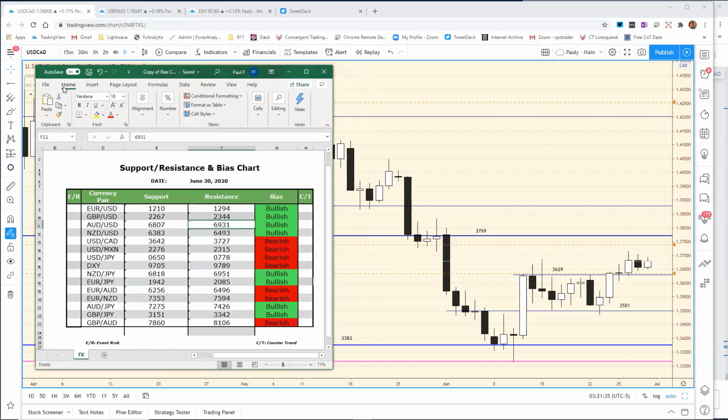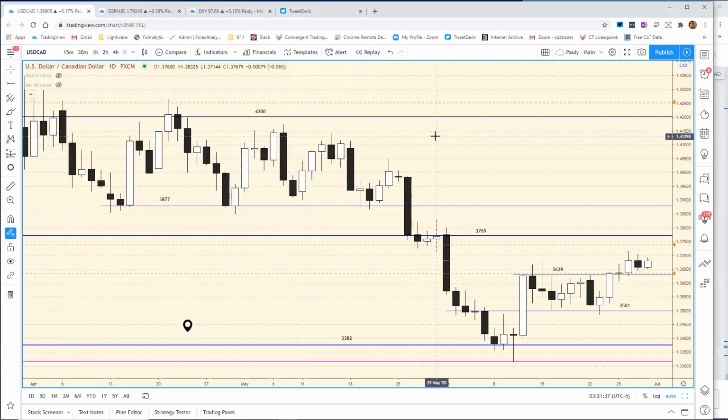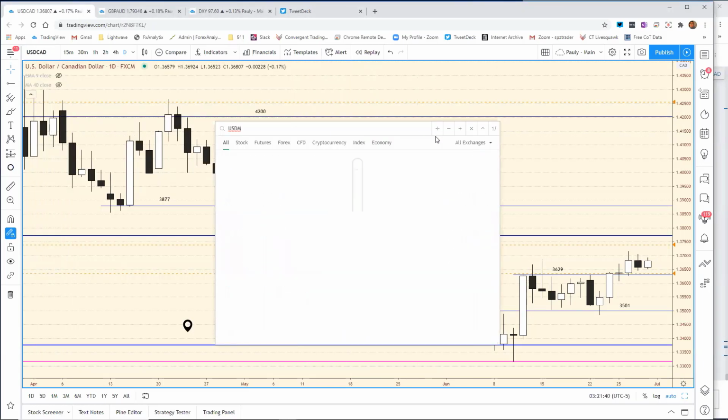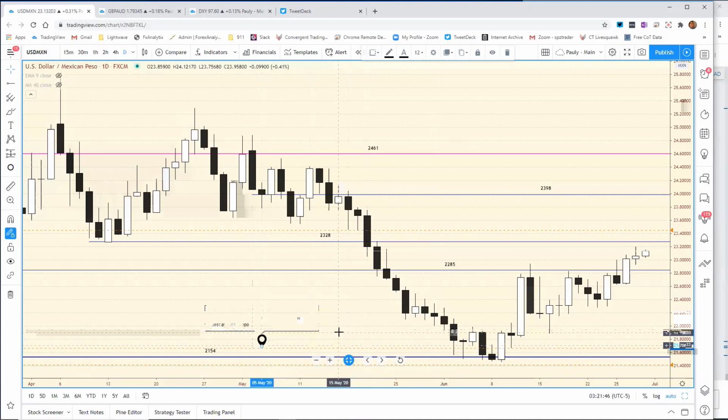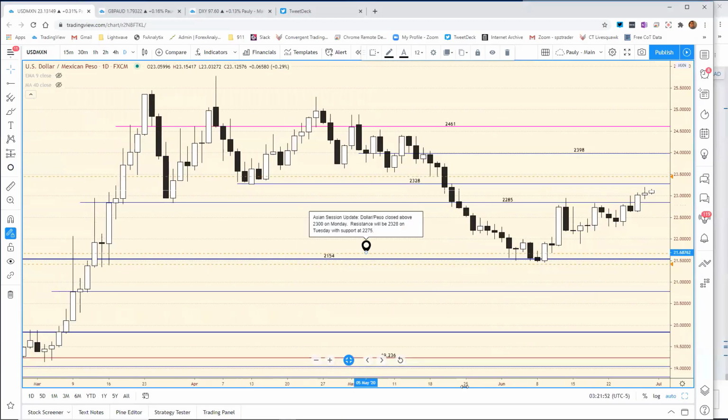Let's move on to the dollar peso. The dollar peso closed above 23 even on Monday. Resistance will be 23.28. You can see this level coming across here, 23.28, which is that body right there. On Tuesday we supported 22.75, but look, we're trading in a very tight range.